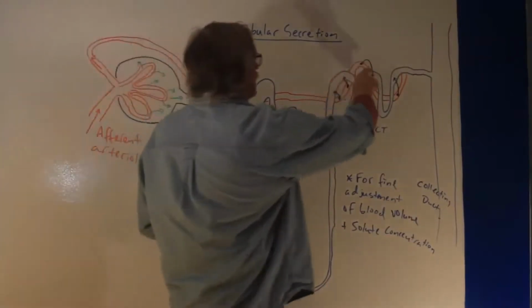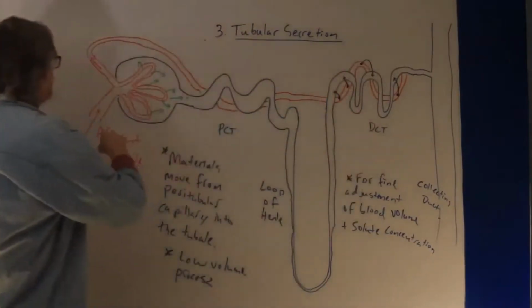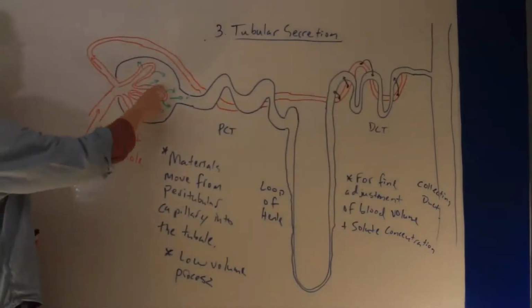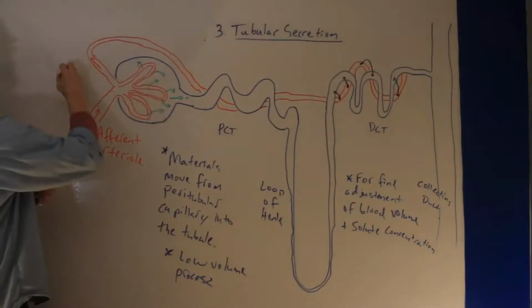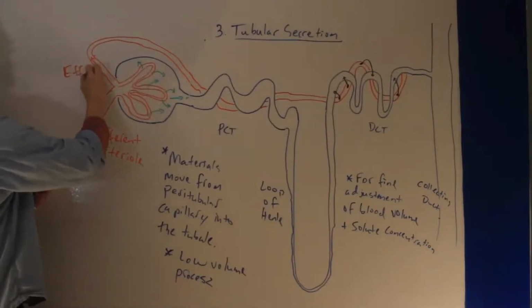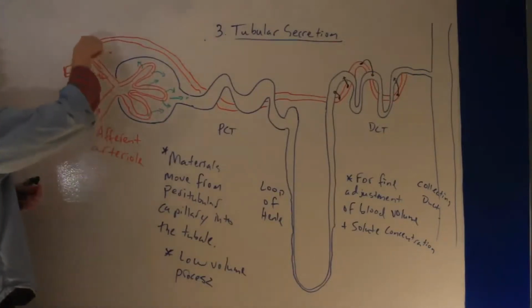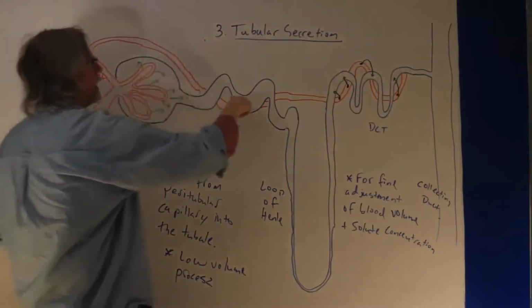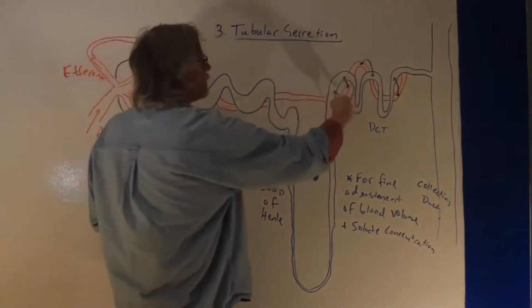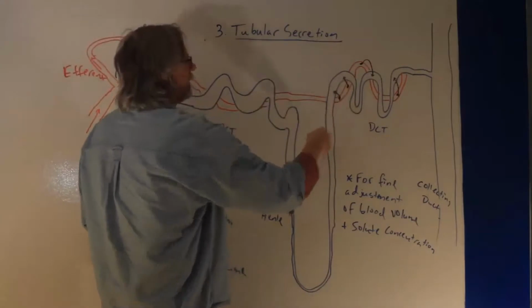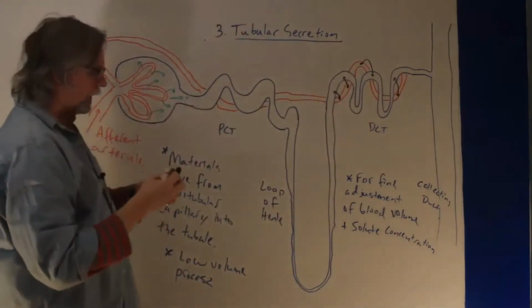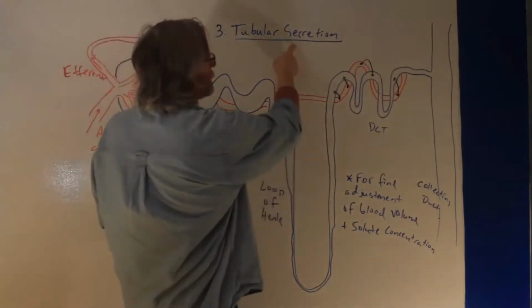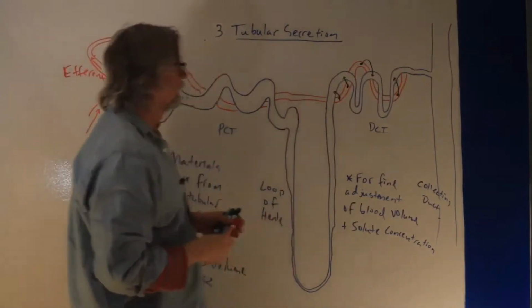So let's say materials didn't get filtered here, they pass through the efferent arteriole, and then the next stop is through the peritubular capillaries. This is a second chance for some material that didn't get into the tubule originally by filtration to get in through this process, tubular secretion.